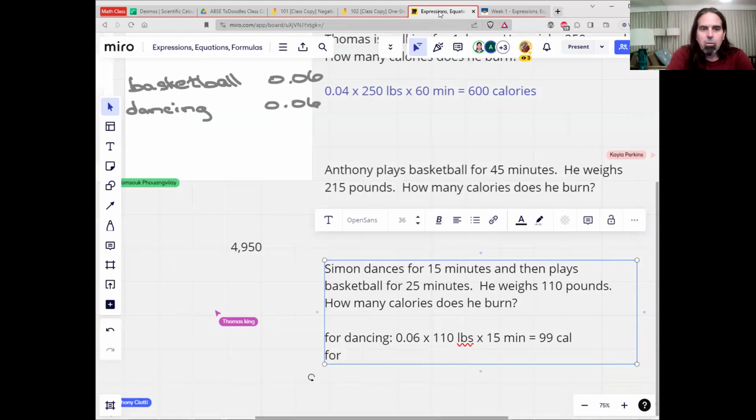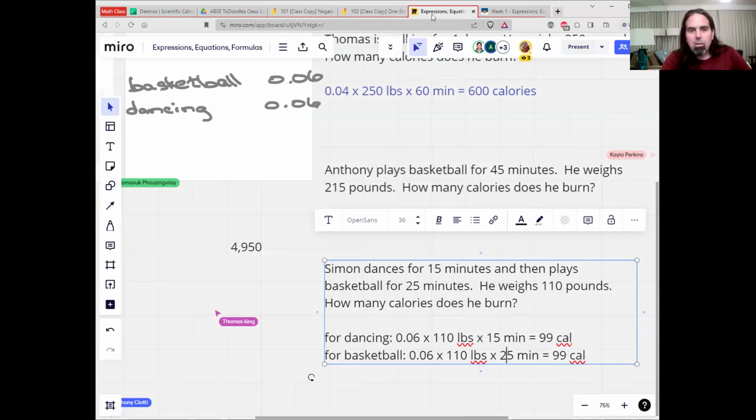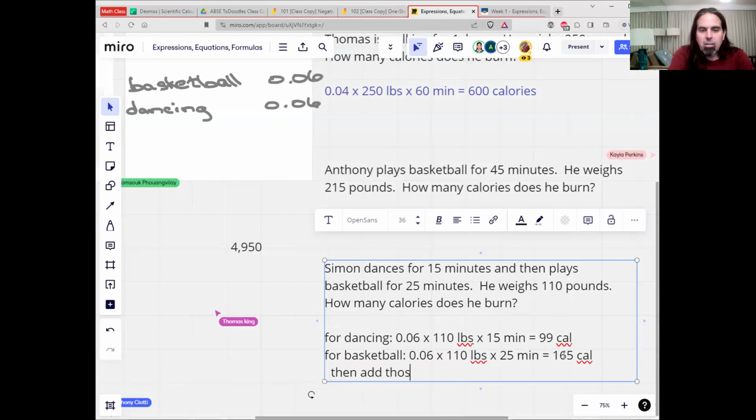And then for basketball, 0.06 times 110 times 25, 165. And then add those together for a total of 264 calories.